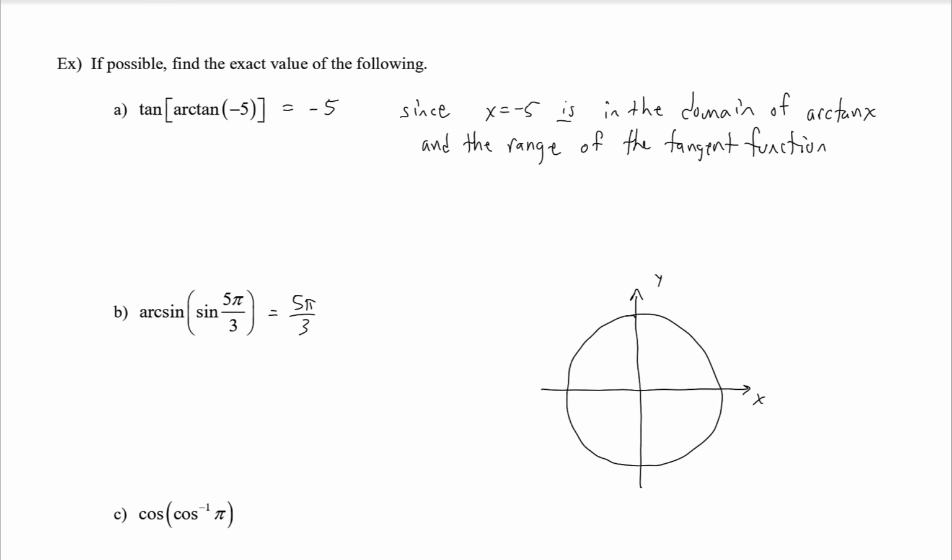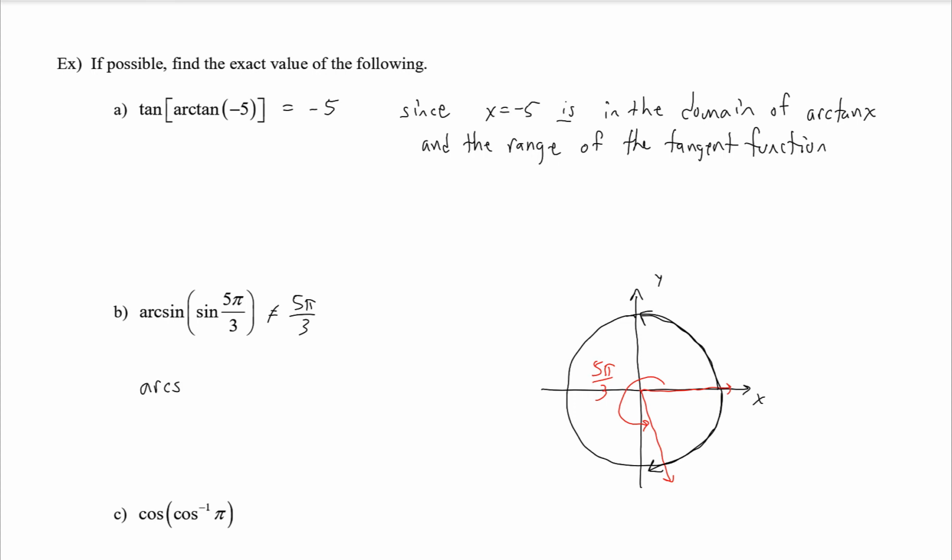So if you draw 5 pi over 3, that's 300 degrees. So that's down here. But that's not one of the angles that inverse sine's allowed to be. Remember, inverse sine's only allowed to be a negative angle down to here or a positive angle up to here. So those are not equal.